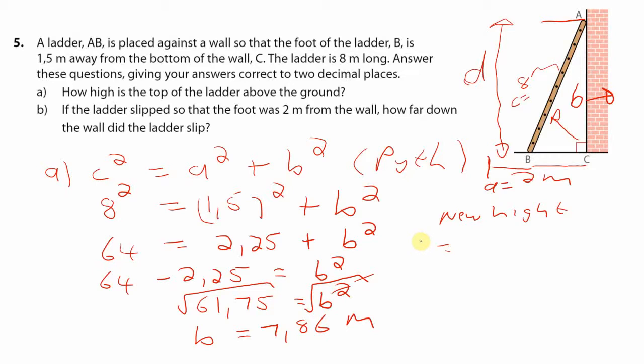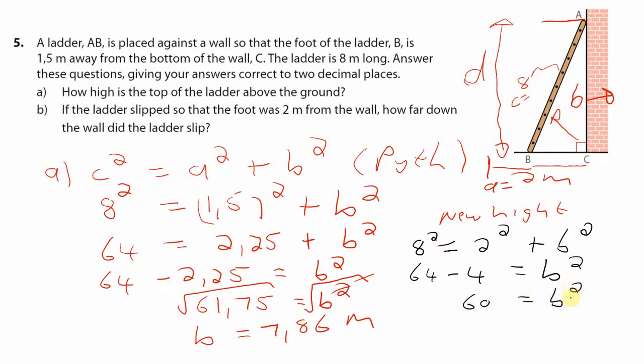So we will have 8 squared still equals not 1,5 but rather 2 squared plus b squared, and solve this new equation. So now we have 64, 2 squared is 4, we swim across the river so it becomes minus 4 equals b squared. So 64 minus 4 is 60, so 60 equals b squared.